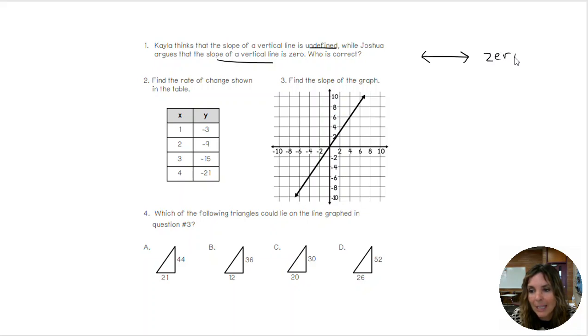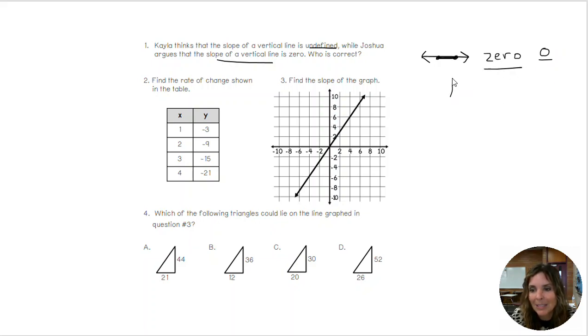A horizontal line has 0 steepness, and that's because if you count the rise over the run between 2 points, you can see that in between these 2 points right here, there is 0 rise. So that makes a 0 on the top of your fraction. And anytime you divide 0 by anything, your answer will always be 0.